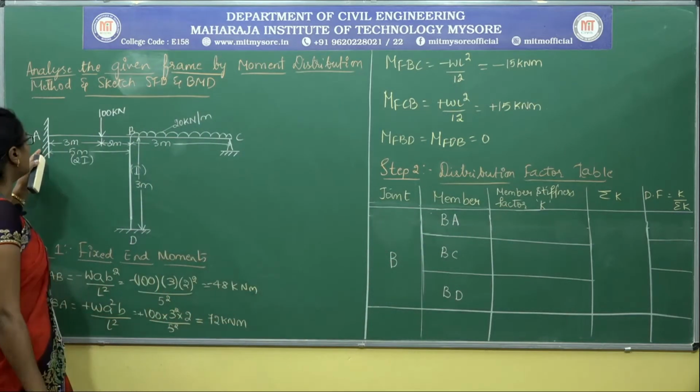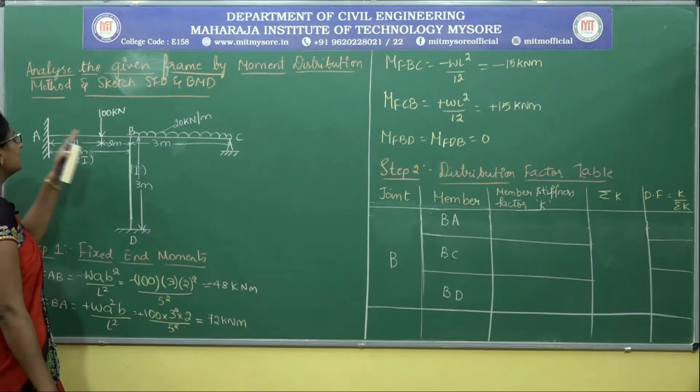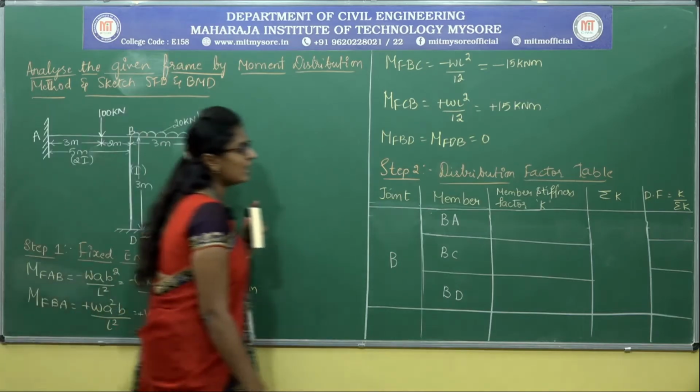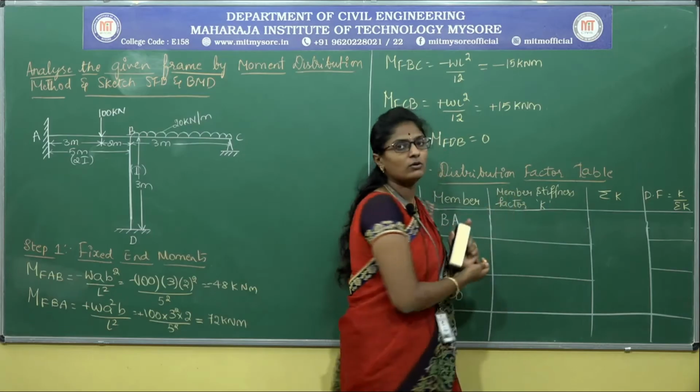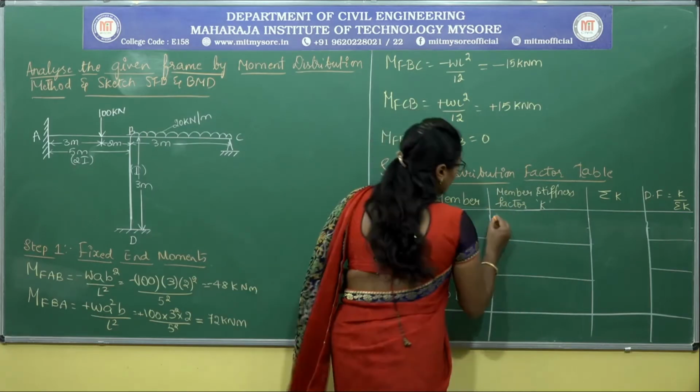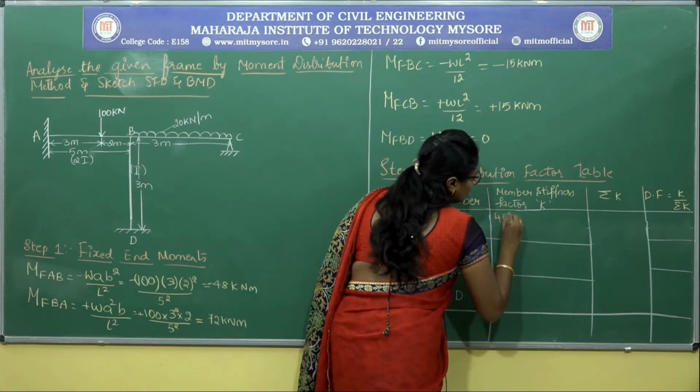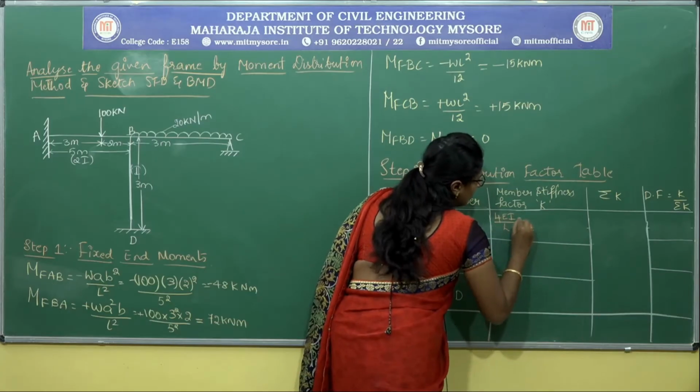Since the far end is fixed, we consider the stiffness factor as K, which is equal to 4 EI by L.